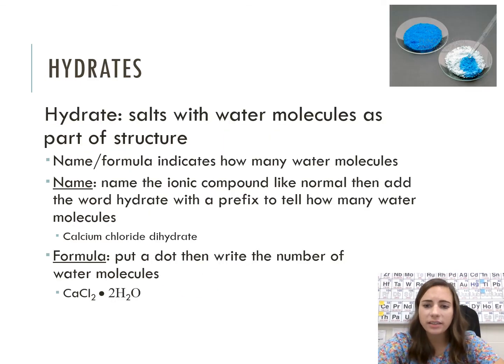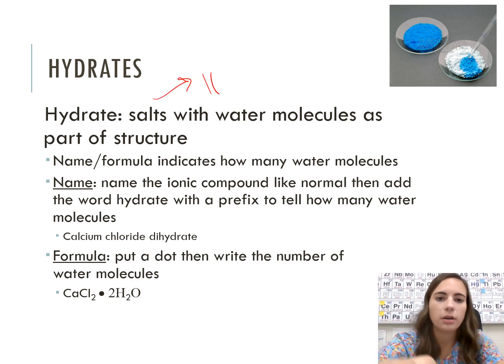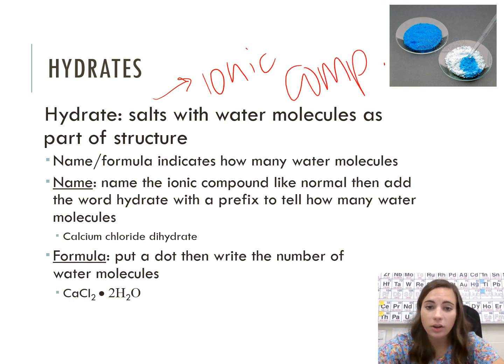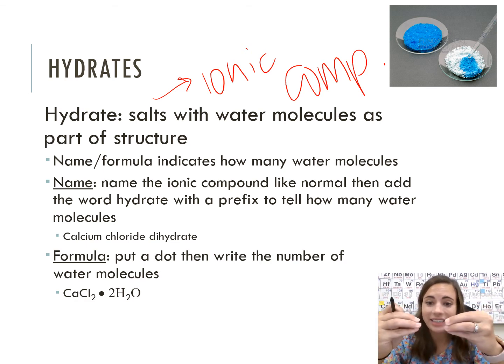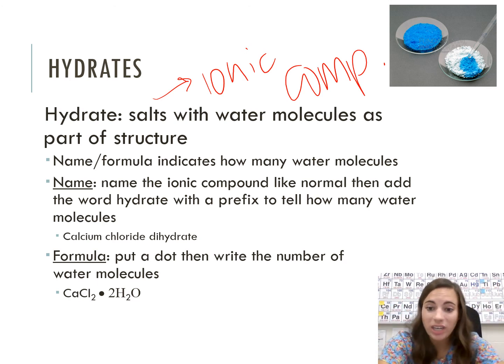All right, finally, we have hydrates. And hydrates are just salts, which is another word in chemistry for ionic compound. It is an ionic compound that has water molecules combined into its crystalline structure. So we name the ionic compound like we name any other ionic compound that we learned how to do.